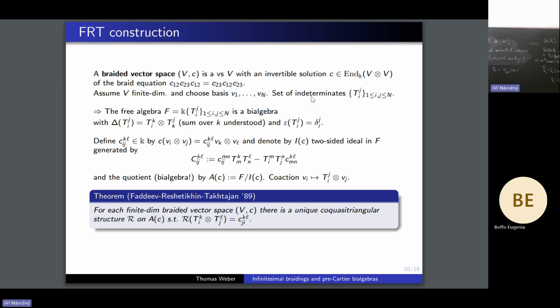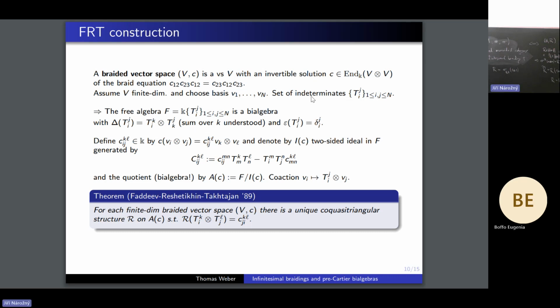In the finite dimensional case, we can choose a basis V1 to Vn of V, and have a look at the set of indeterminates T with upper and lower index that runs from 1 to capital N. This free algebra is then automatically a bialgebra, where we just take the usual matrix quantum group coproduct and the co-unit that is basically just the Kronecker delta.